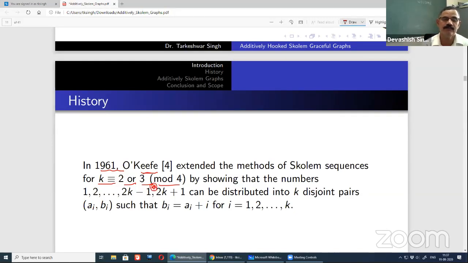The set is 1 to 2n, but here he started from 1 to 2k minus 1, then 2k plus 1, one increment given, and the number 2k was absent. So he was able to find such systems and prove in 1961 that such a system exists, and this system is known as a hooked Skolem sequence.